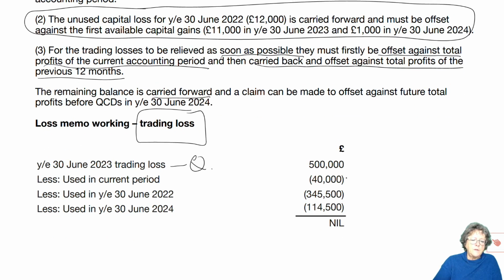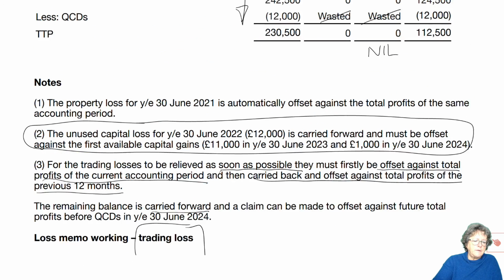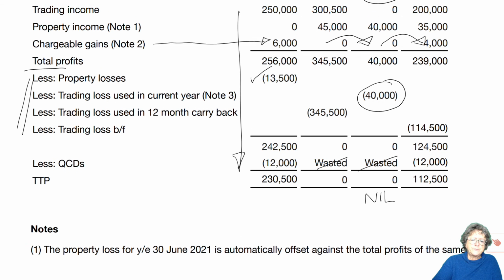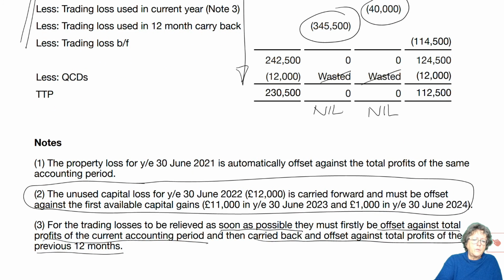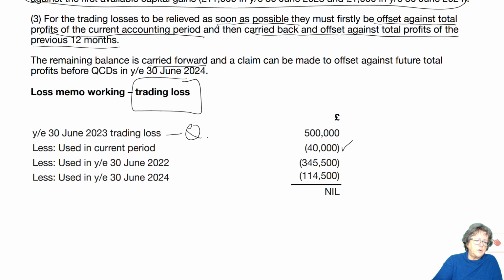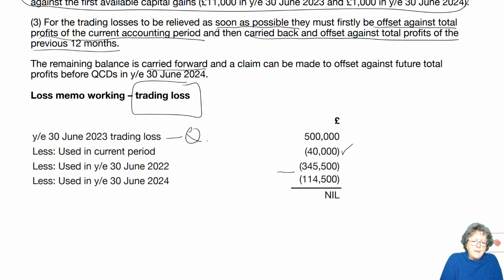We deduct. Then we are going to carry it back to here and wipe that out. And again, that is nil. Put it in our loss memorandum. Now, at that point, it might well be worth doing a subtotal, just to make sure you've got how many you've got left.